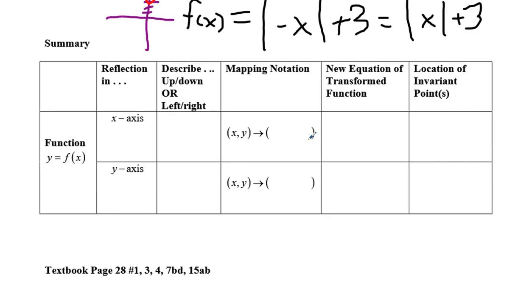Alrighty, so here we go. A reflection in the x-axis. Is this up, down, or left, right? Well, to reflect in the x-axis means if you were here, then now you are here. Agreed?